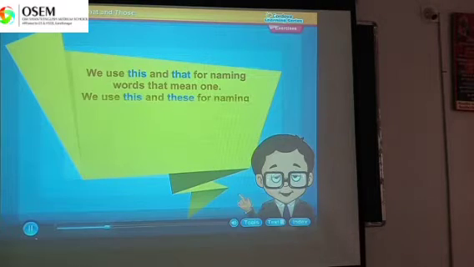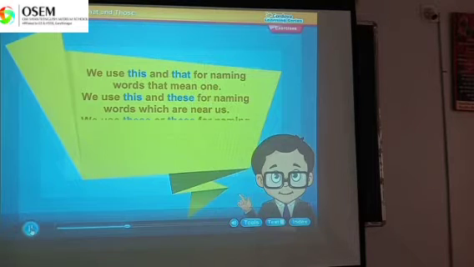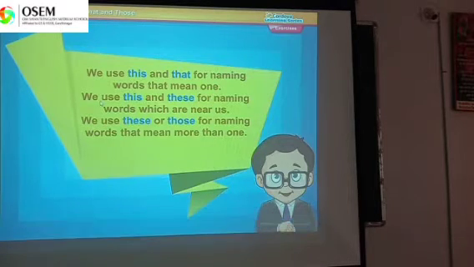Then, we use this and these for naming words which are near us. Students, remember, we use this and these for naming words which are plural and which are near to us.